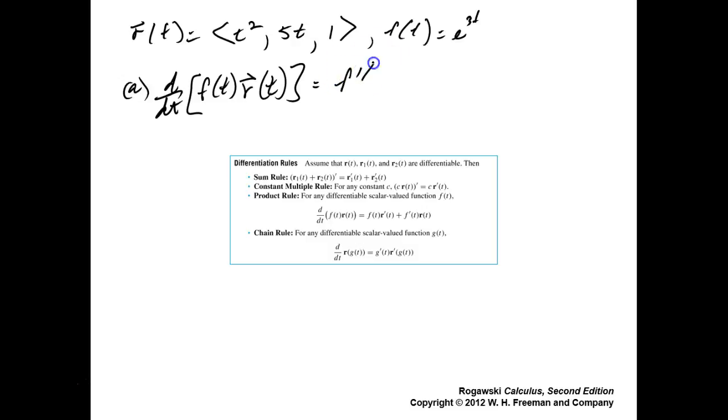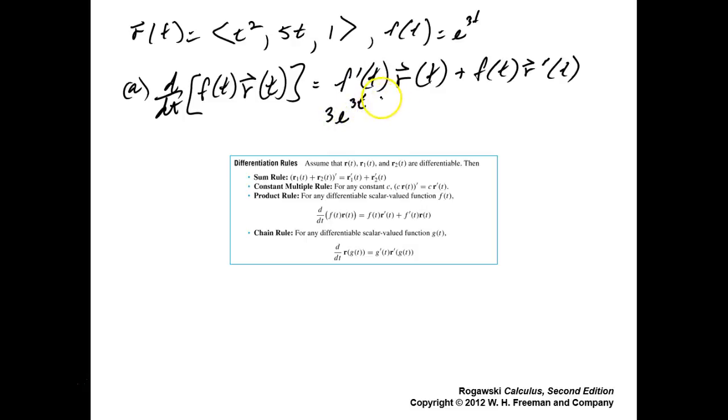Okay, you want to do f prime of t times r of t, plus f of t, r prime of t. The order doesn't matter here because it's a plus in between. There's no difference. Doesn't matter which way you do. What does that come out being? 3e to the 3t.